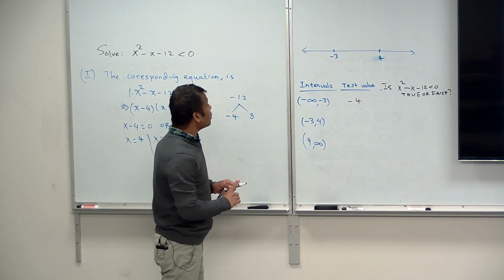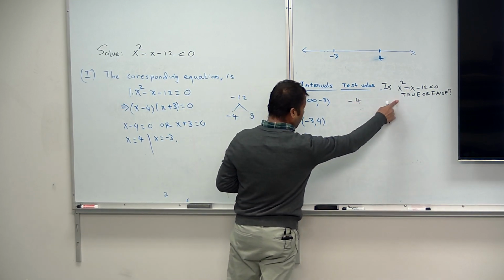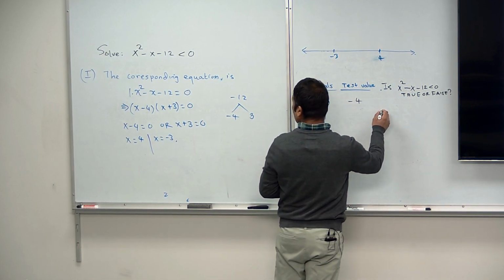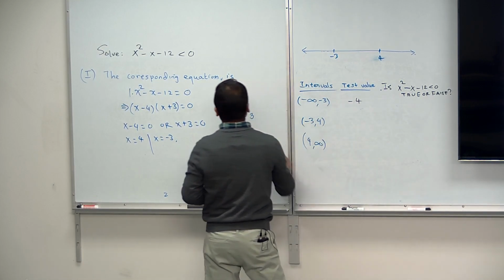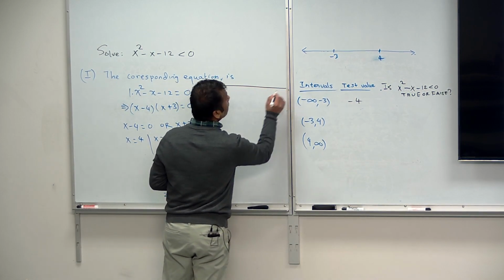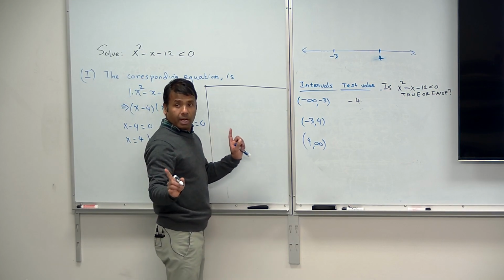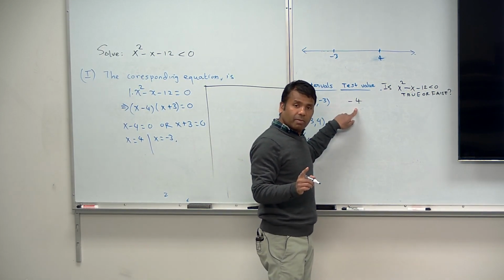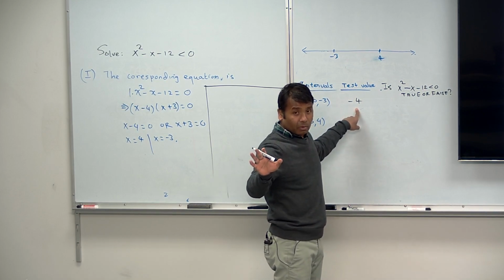Okay? So that means we will plug in this test value in this inequality. Let me show you here. Are you guys with me? We have this interval. We pick a test value. You can pick any value, right?